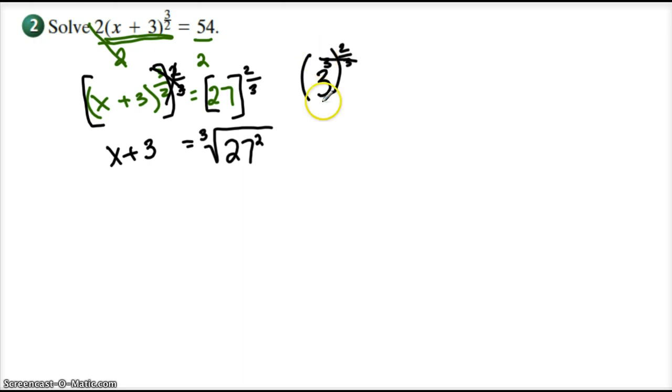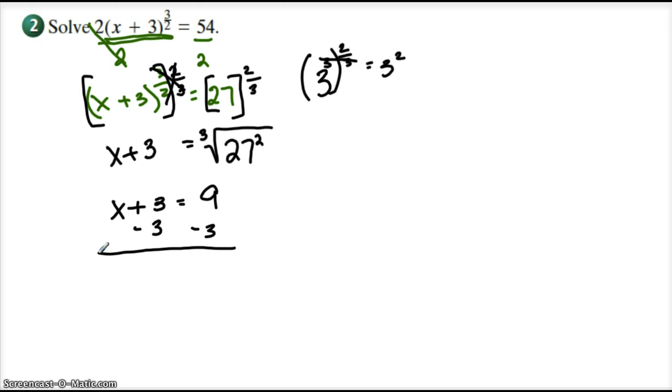The 3's cancel out. So you have 3 squared. So 27 squared, I do not know off the top of my head, but the cubic root of 27 squared is going to leave us with 9. Okay, so now we subtract 3 from both sides, and we have x is 6.